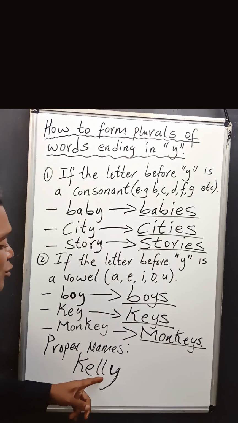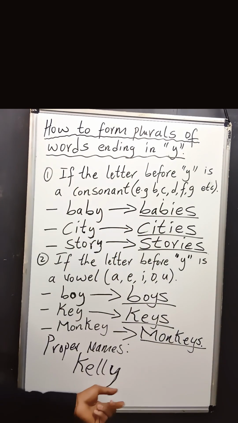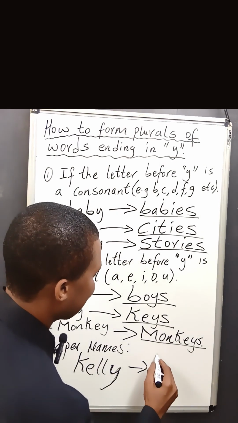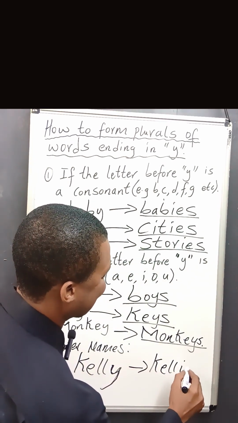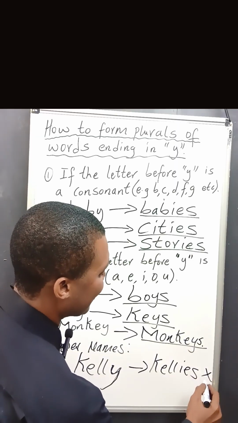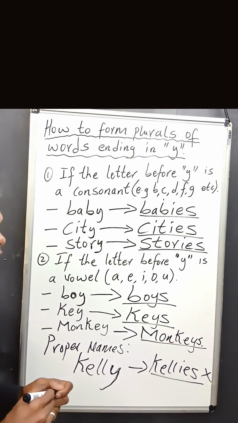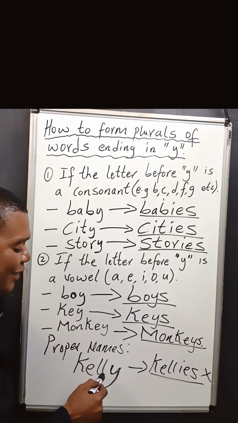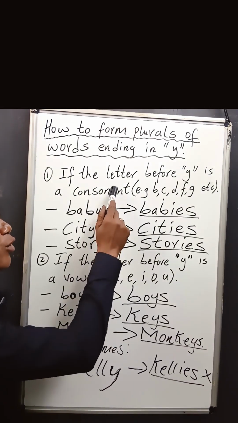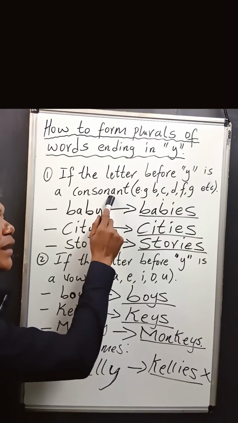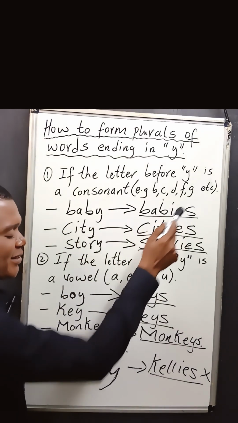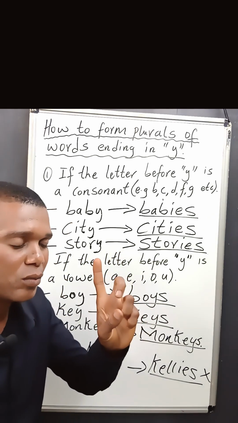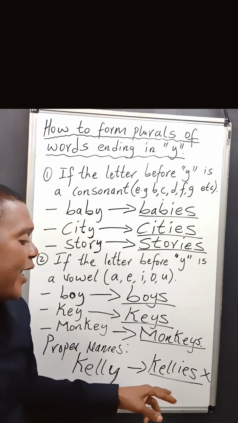So, because L is a consonant, we would remove Y and add IES, giving KELLIES. This is wrong. The letter that comes before Y is L, and when the letter is a consonant, we remove Y and add IES. But in this exceptional case, it's not going to work.